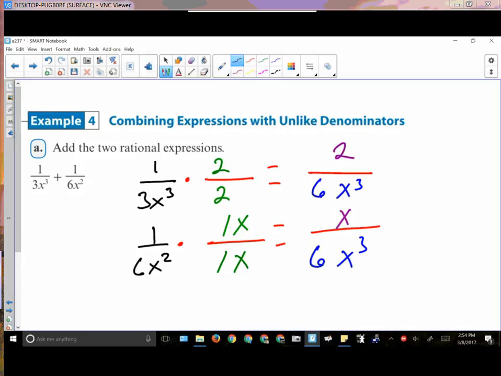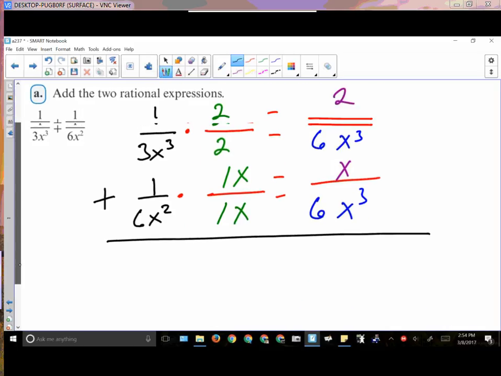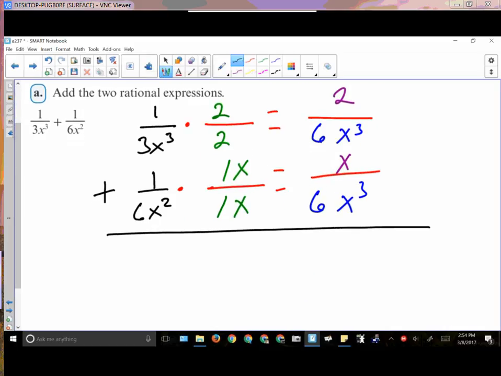Now, the operation here was addition, correct? So that means the final answer on this is going to look like 2 plus x all over 6x cubed. Now, I see that 2 plus x, I see that 6x cubed. There is nothing that will factor out. That is all it is going to be.